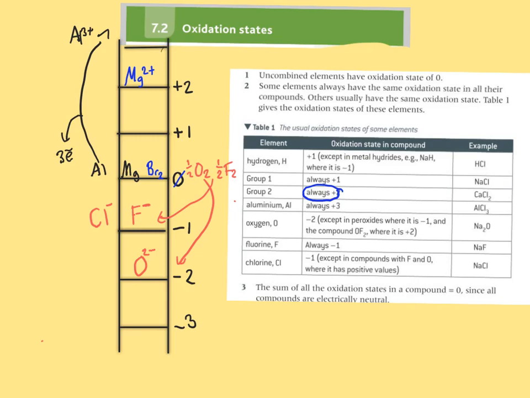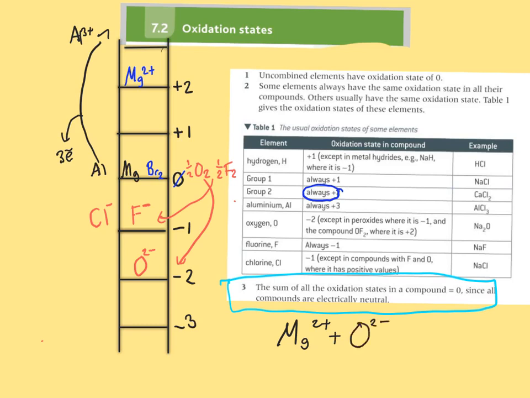Now, the most obvious one that doesn't look obvious here is when you add all the oxidation states together in a compound, there should be no overall charge. And we saw that before when we had our magnesium 2+, and our oxygen with its oxidation state of 2-.